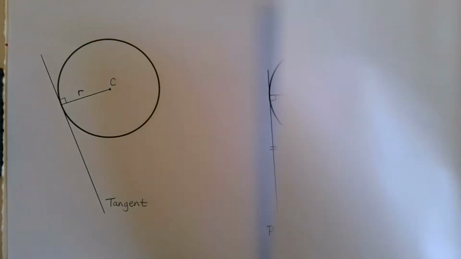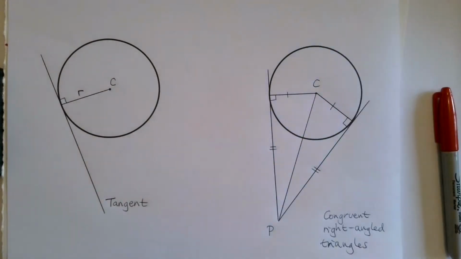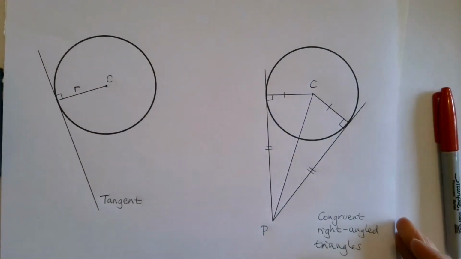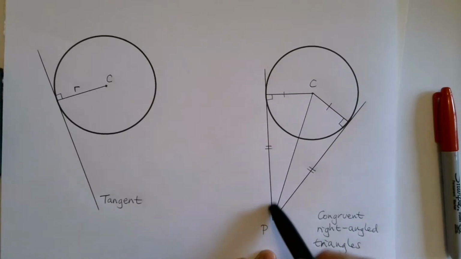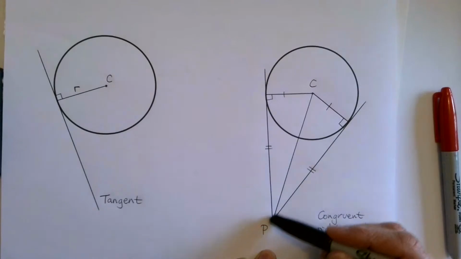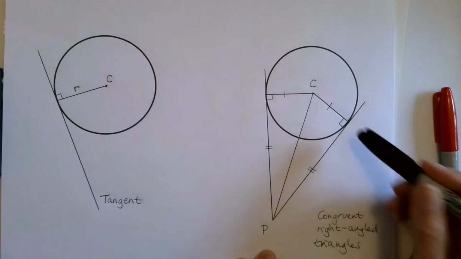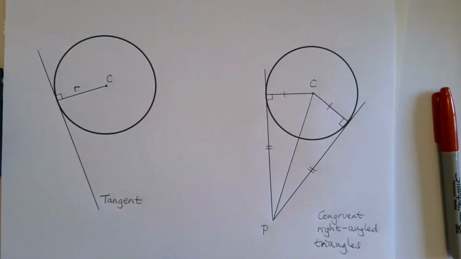So when you draw two tangents from a point, like this one here, we've got one line meeting a circle over there, another line meeting it in a different point, then we actually get two triangles that are exactly the same shape as each other.